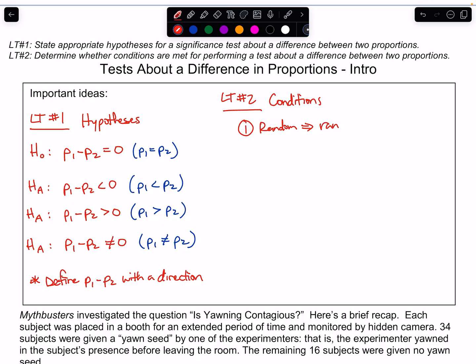So we need random samples to generalize to the population, or random assignment, which again allows us to show causation.